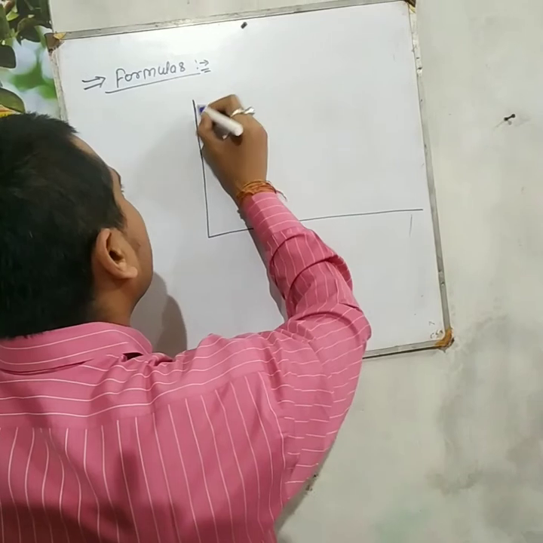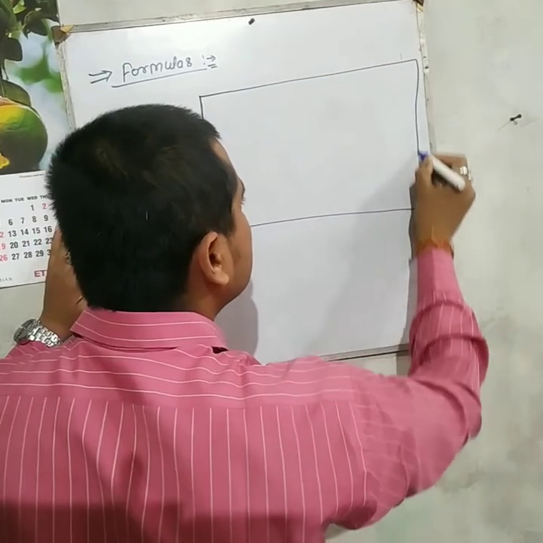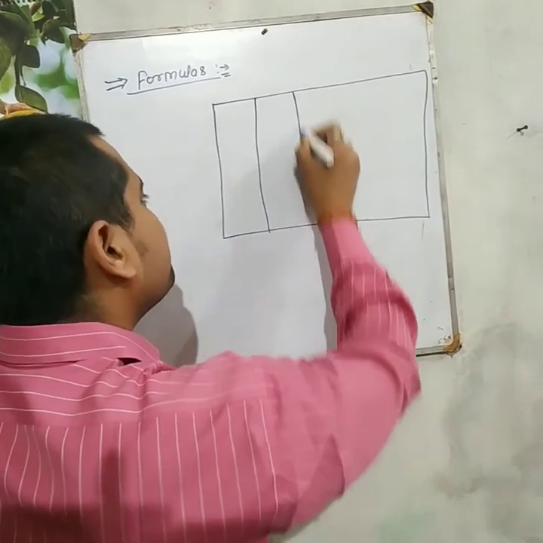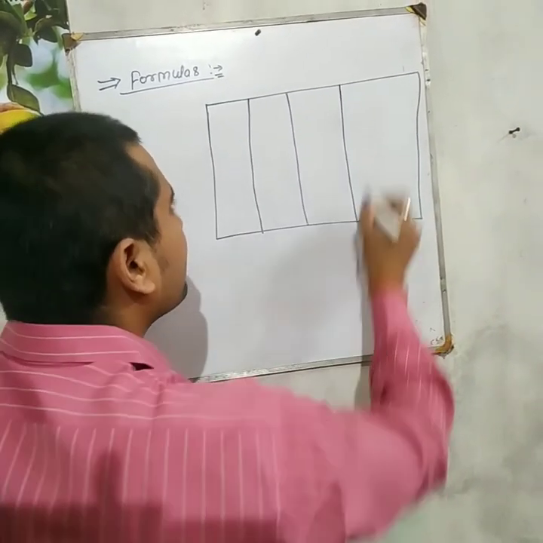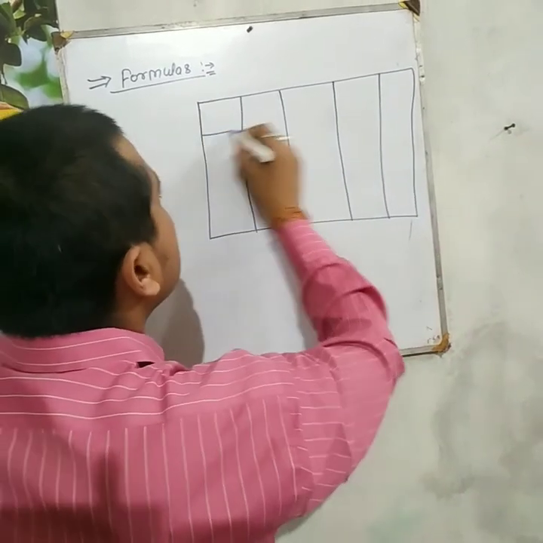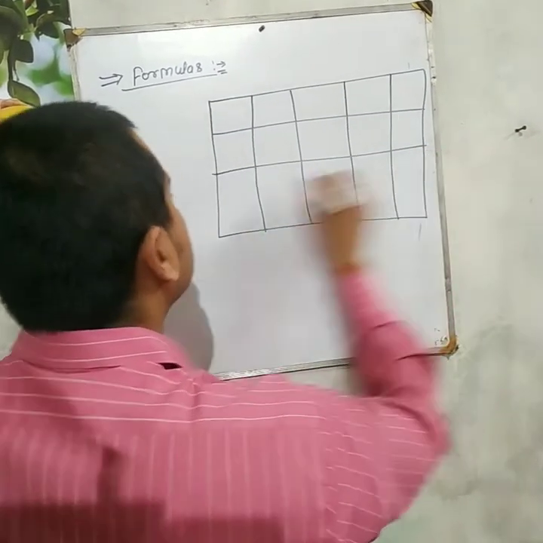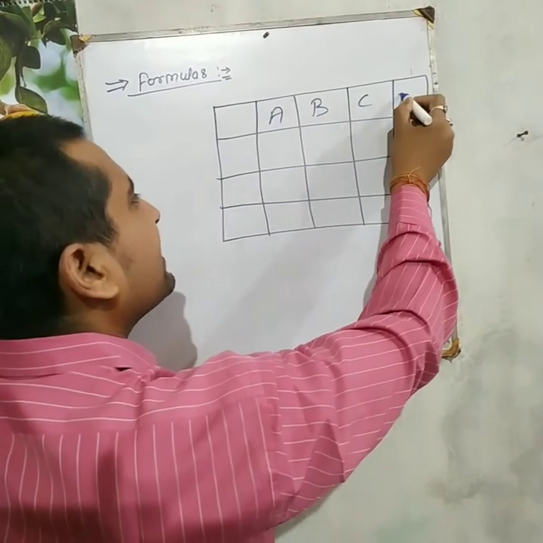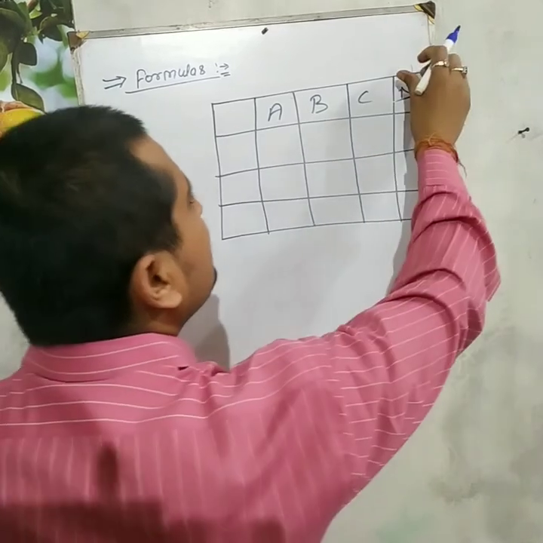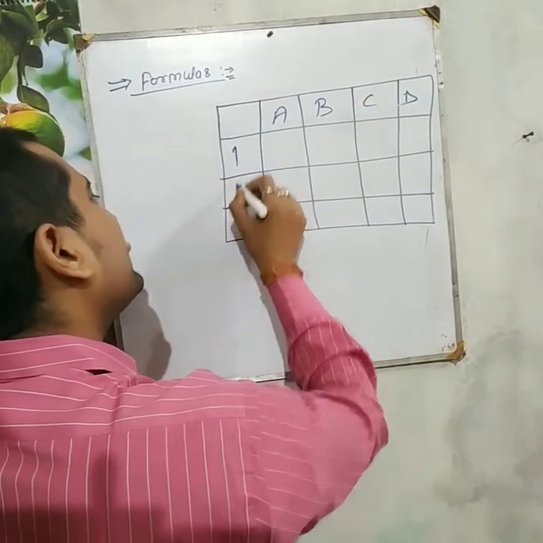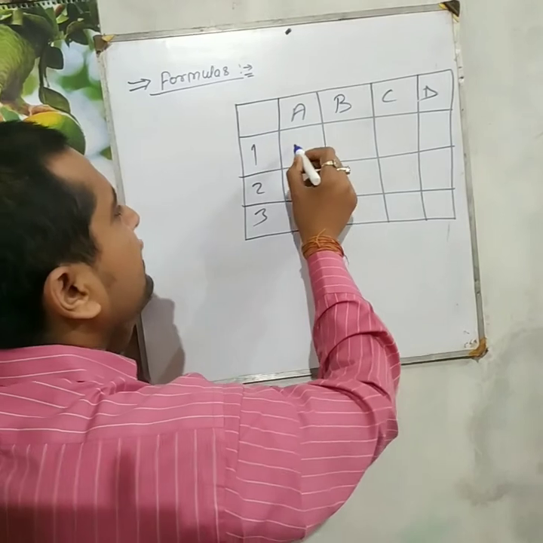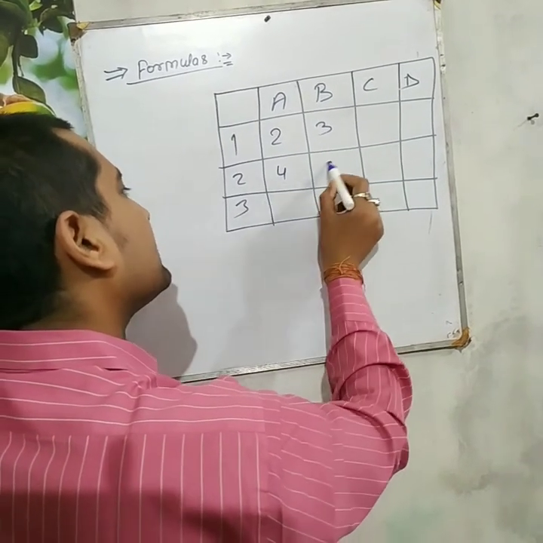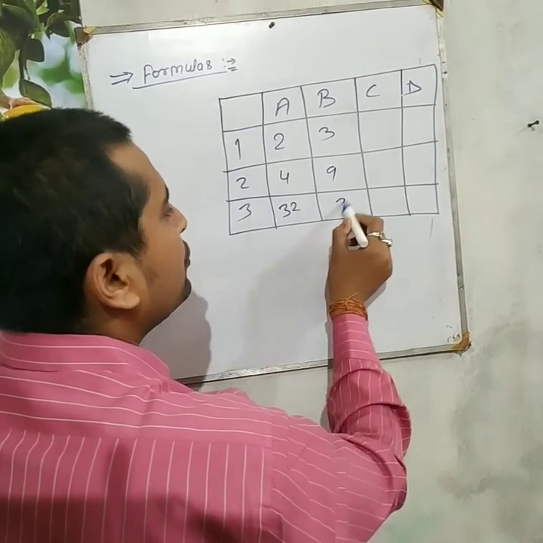Firstly, columns, that is A, B, C and D. Rows 1, 2, 3. Suppose the values are 2, 3, 4, 9, 32, 2.